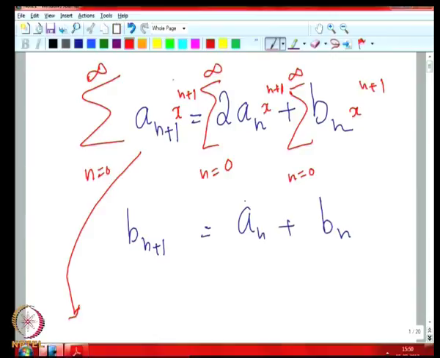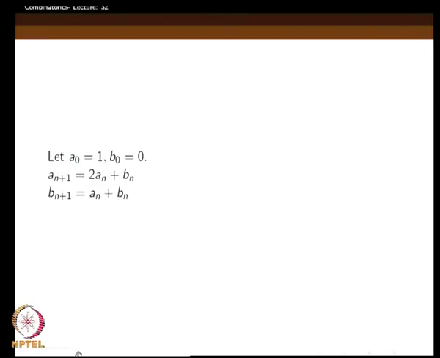So, this is not really A of x, but it is A of x minus a0 into x raised to 0, but a0 is given to be 1. So, it is 1 into x raised to 0, that is just 1, right.